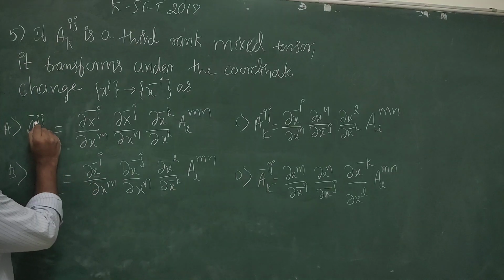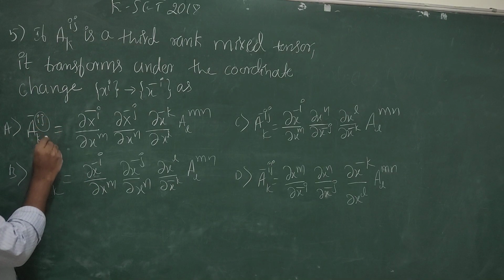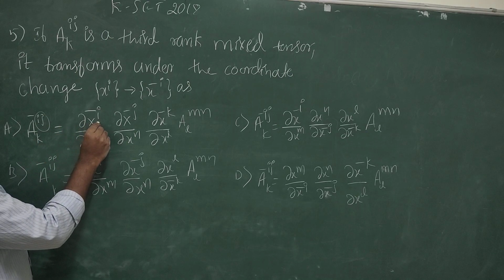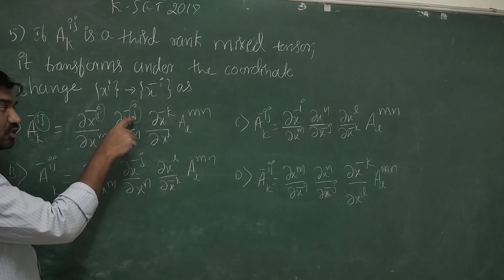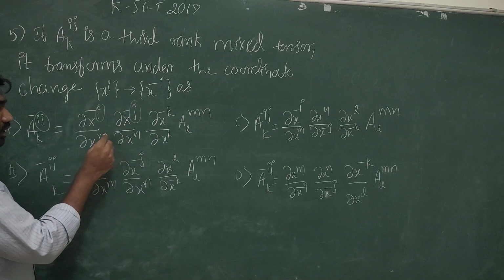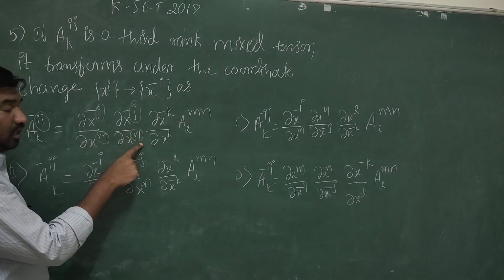See, if there is ij in the numerator, you should note that i and j also have to be in the numerator, and their corresponding other letters mn in the denominator.